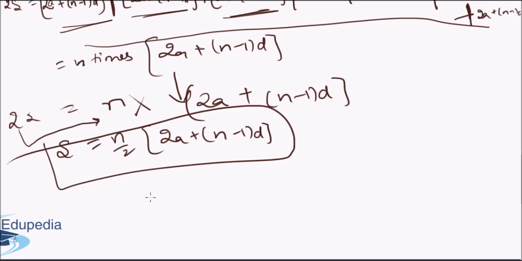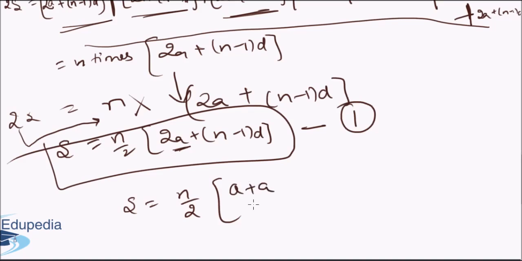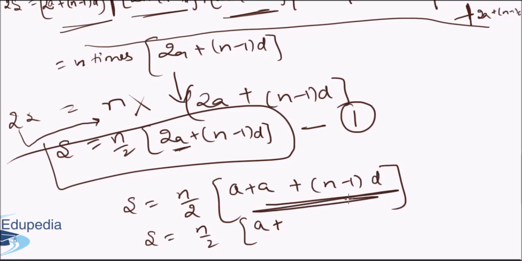Now friends, this is one way to find out the formula, or to find out the sum. We can also write this formula by breaking it into decomposed parts, say 2A can be written as A plus A. Thus S equals N by 2 into A plus this A plus N minus 1 into D.